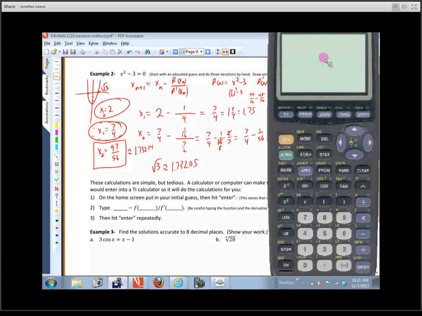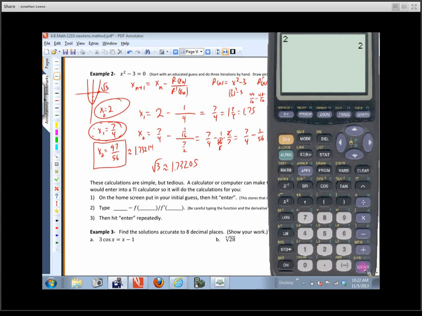Okay, so the first thing we're going to do is clear off the screen. If you've got one of these TI 30s or 34s or something like that, it's going to look very similar to this. Our initial guess was 2. So type in a 2 and hit enter. What that does is it stores it into the calculator. It says, well, that's the last answer that I have.